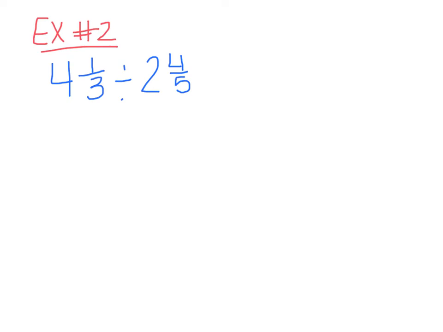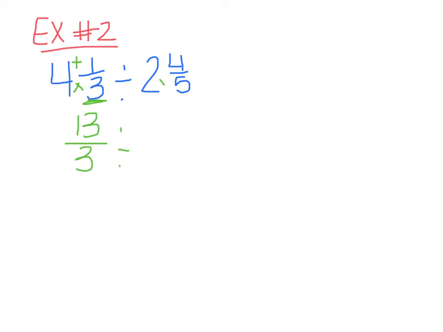Okay, example number 2. We have to first change both of these mixed numbers to improper fractions. We do 4 times 3 is 12, plus 1 is 13, and we keep the denominator, which is 3. And then we do the same thing to the second one.